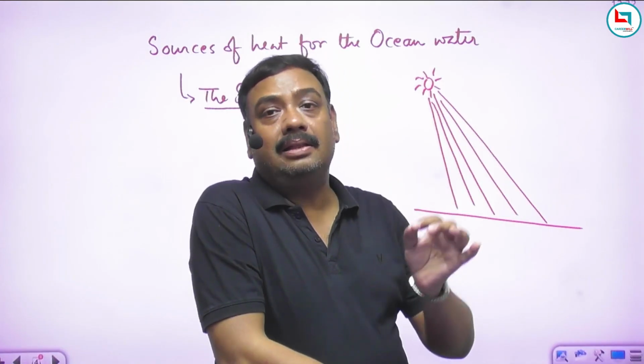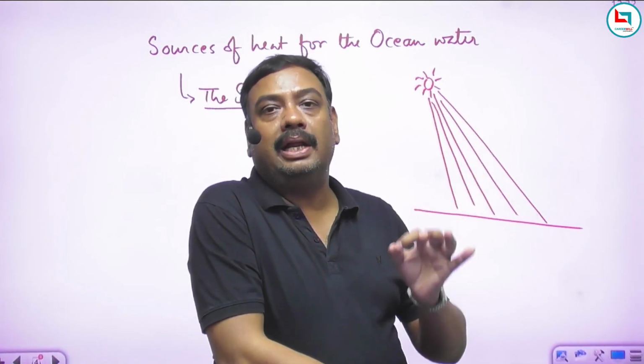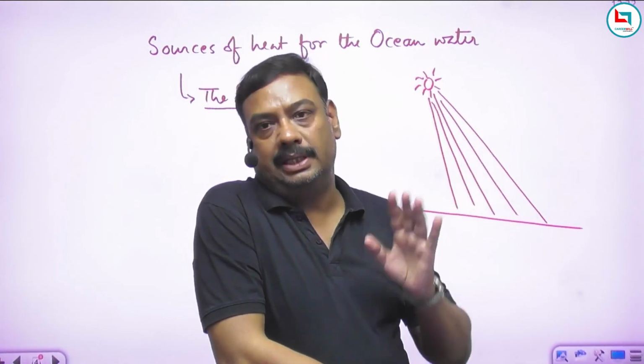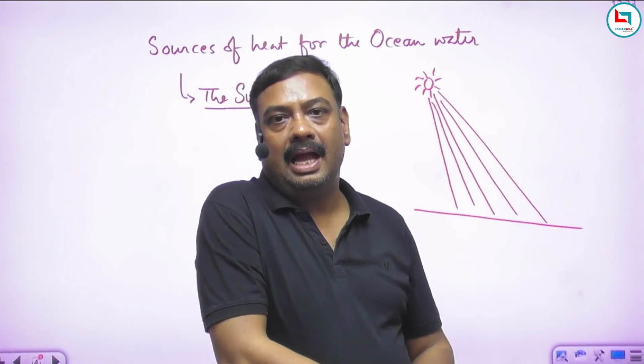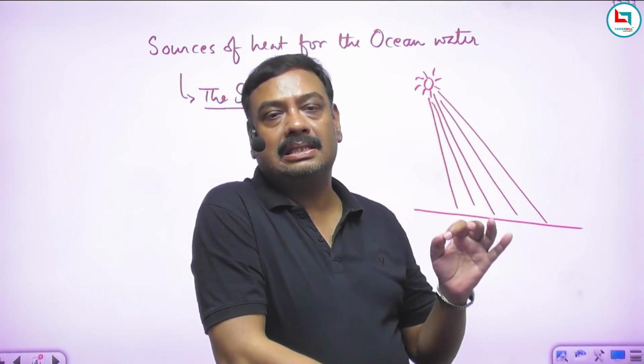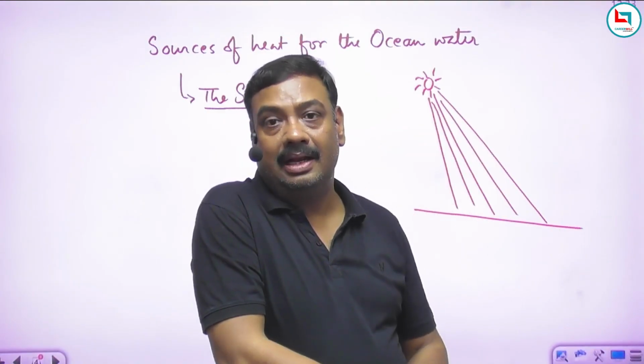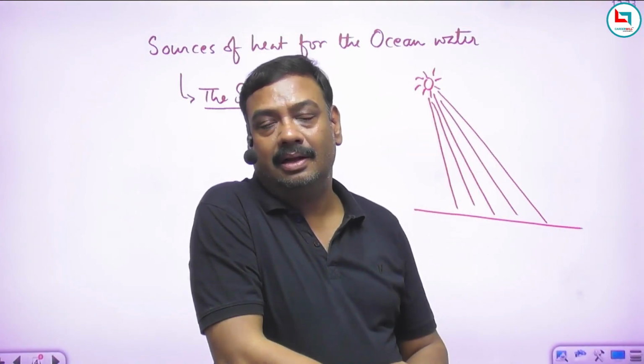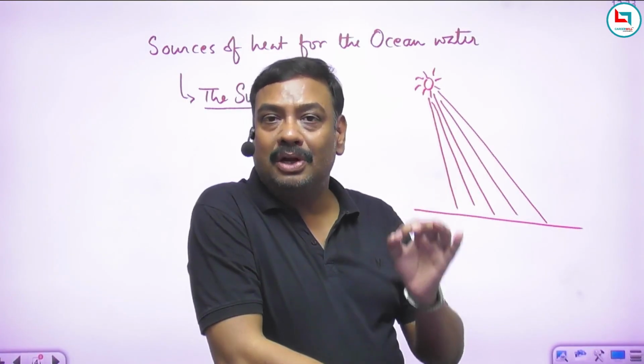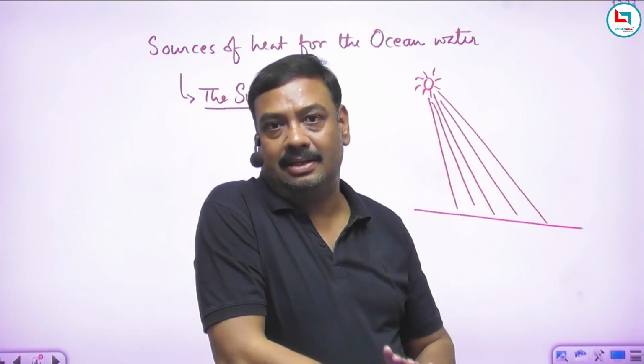But unlike the land, the ocean water has a typical property. And that typical property is that, since it is water, it is transparent. Land is not transparent, but ocean water is transparent.